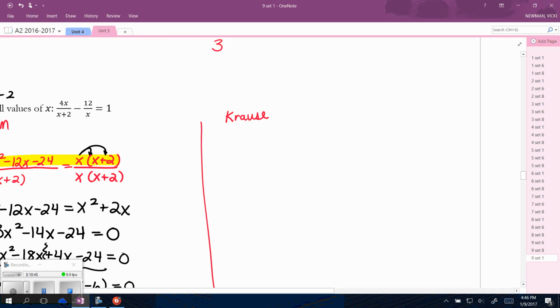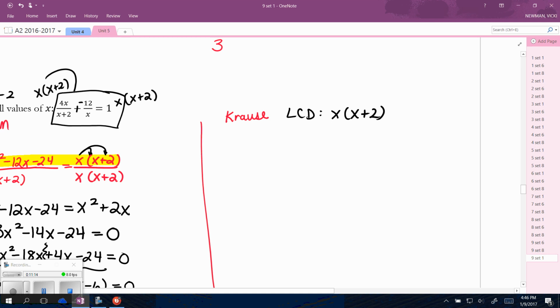All right, Krause's kids, you have this as your original equation. So you know that the least common denominator is x times x plus 2. And I'm guessing he told you to make that plus a negative. So he may tell you to use elimination. So you're going to multiply both sides of the equation by x, x plus 2.